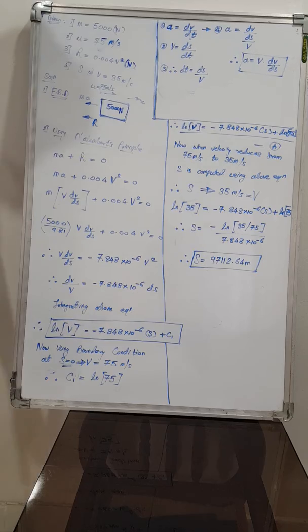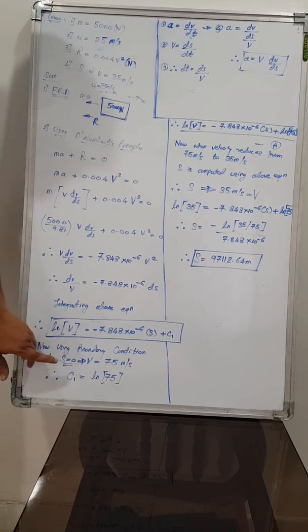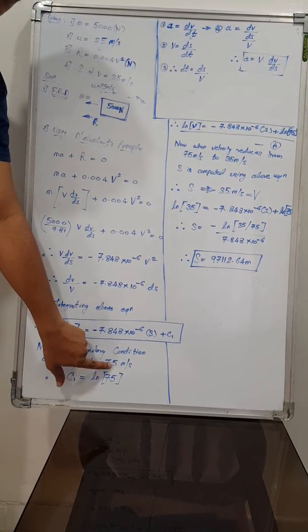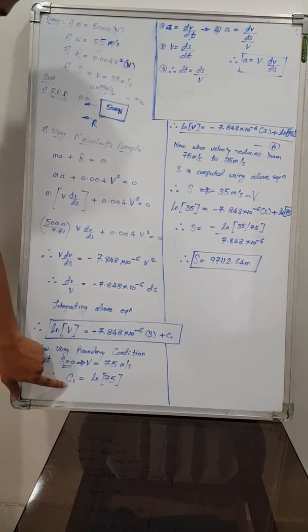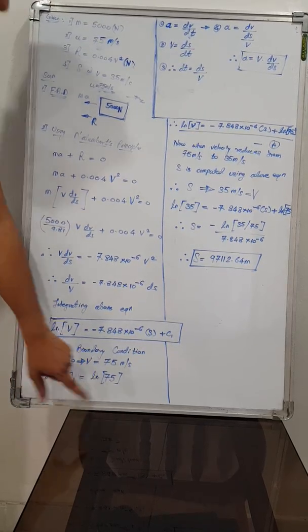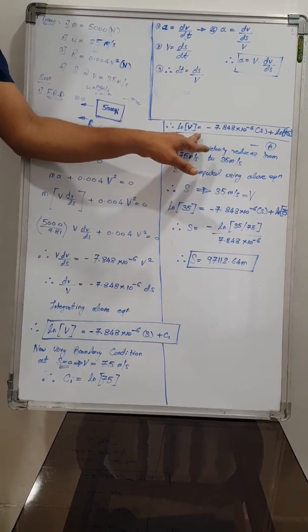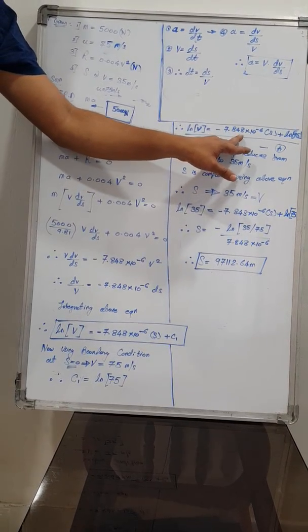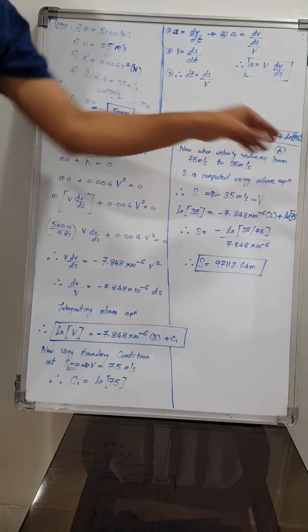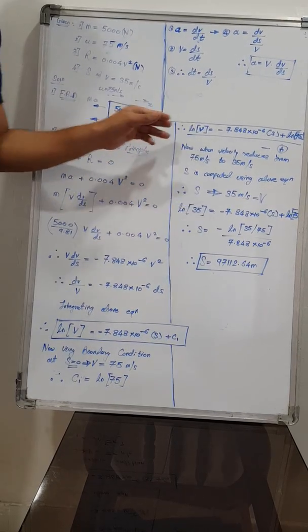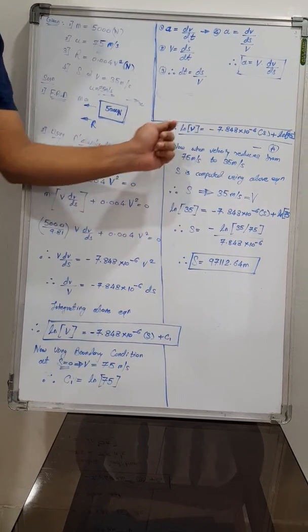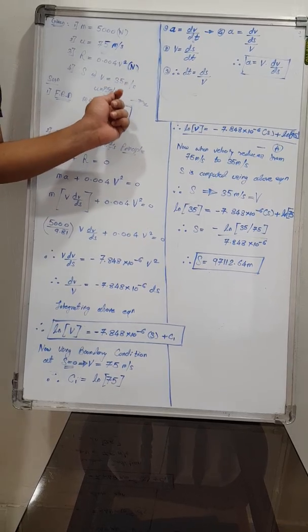Using the boundary condition, we are supposed to calculate c1. So at s is equal to 0, velocity is 75. Therefore, c1 is equal to ln 75. So the final equation we get is ln v is equal to minus 7.848 into 10 raised to minus 6 s plus ln 75. Now this equation is for velocity when it is 75 meter per second.